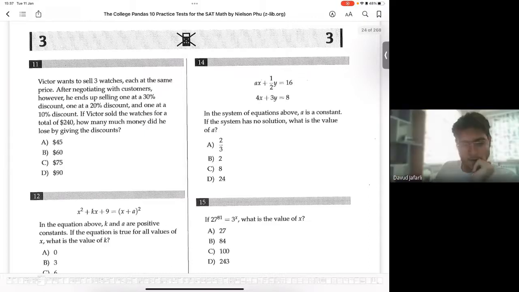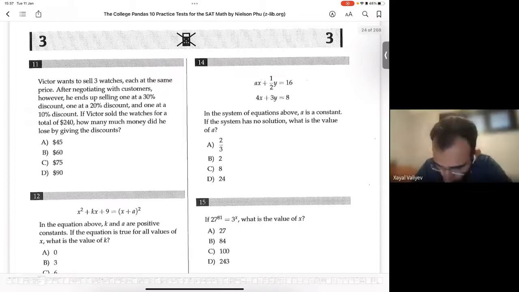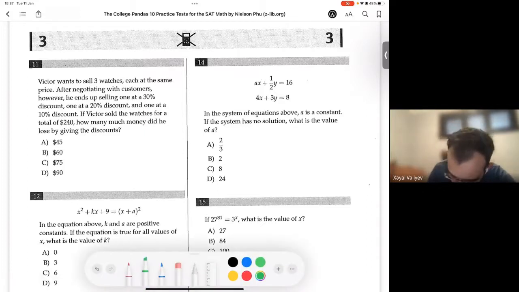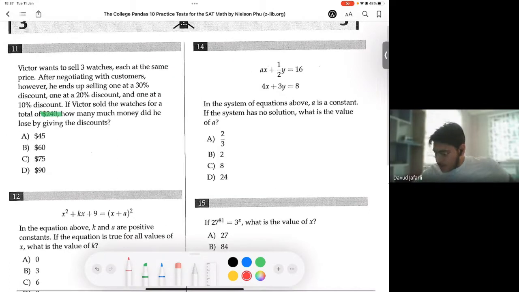Three watches, same price. Can we do 50%? No, no, different discounts. We know the total selling price, so we could divide it by three and apply the discount for each.